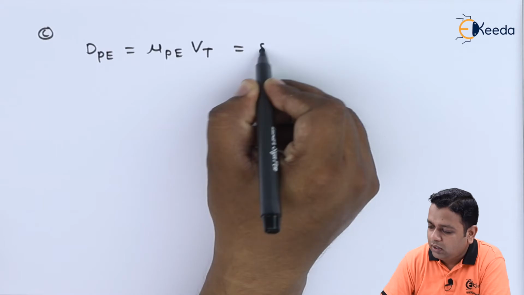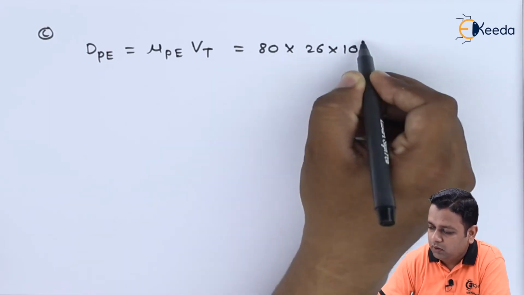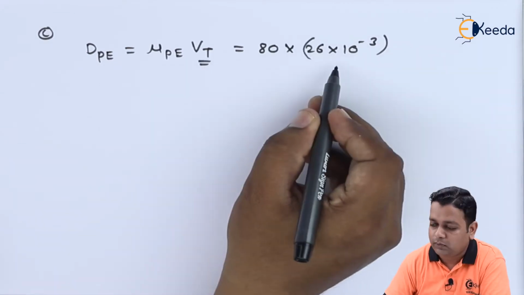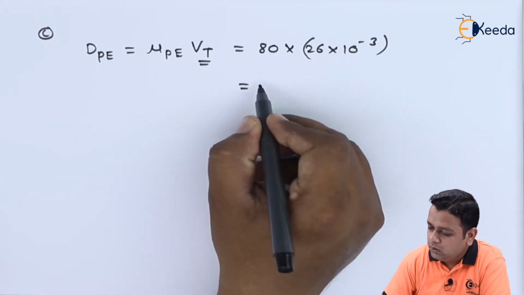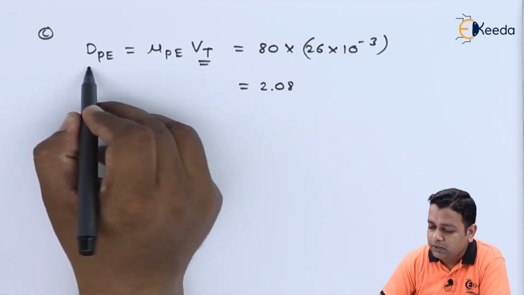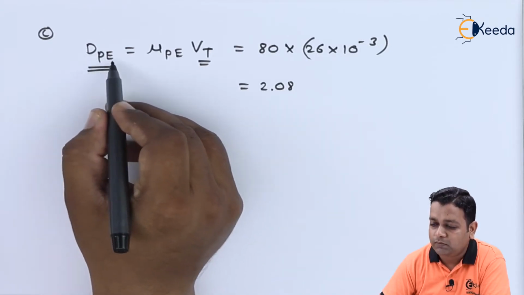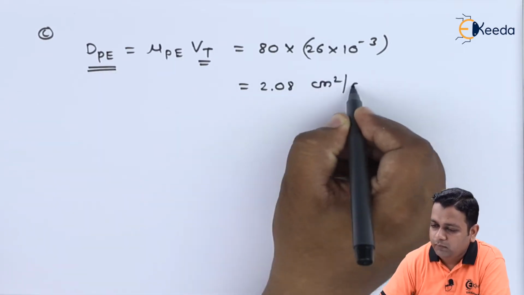So we get the calculation 80 into 26 into 10 raised to the power minus 3, the value of V_T that we have substituted. This brings us the answer 2.08, with the unit of D_pE being centimeter square per second.